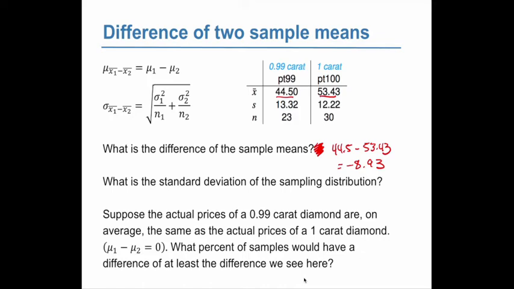The standard deviation of the sampling distribution is going to be the square root of 13.32 squared over 23 plus 12.22 squared over 30, which ends up being 3.56.